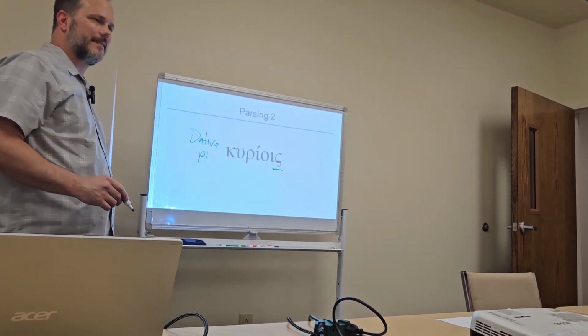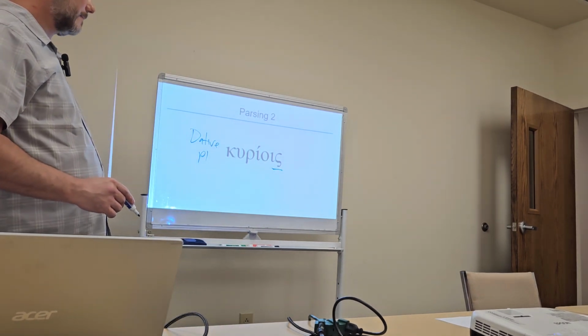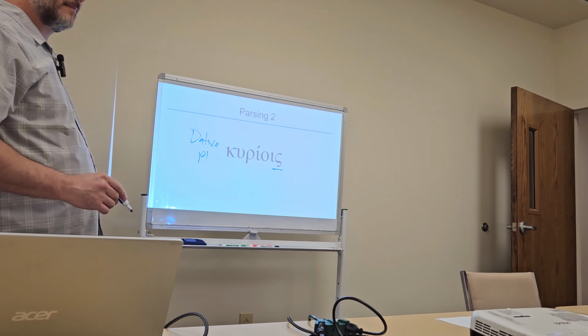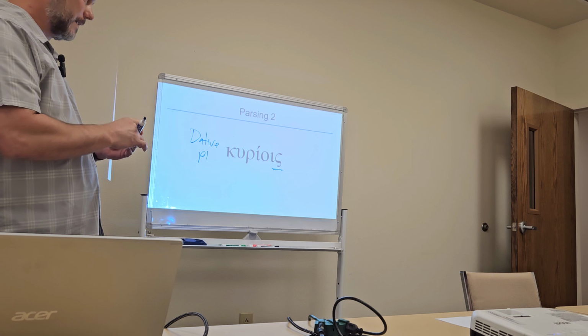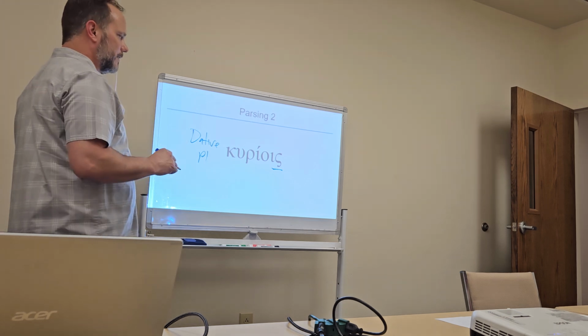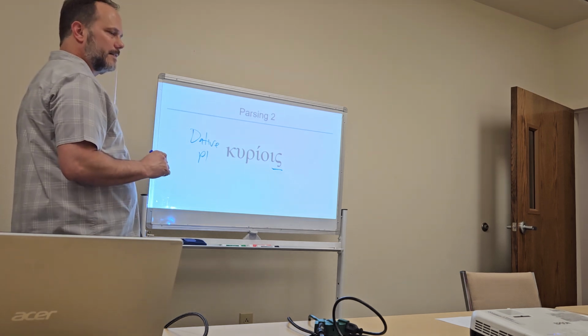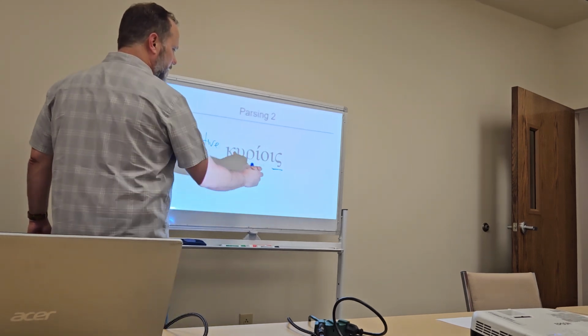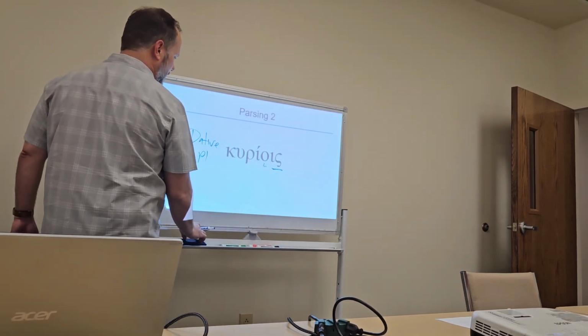Yeah, omicron iota sigma is the ending for both the dative plural masculine and the dative plural. Exactly. Now, what would this be if this were dative singular? Dative singular. Sorry. Yeah.